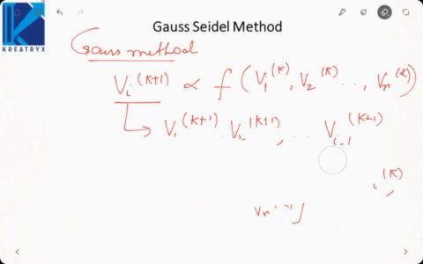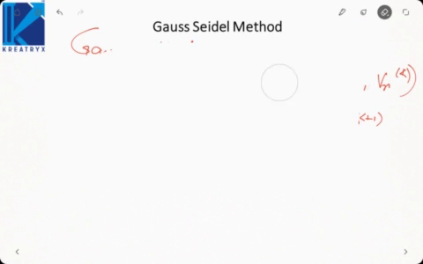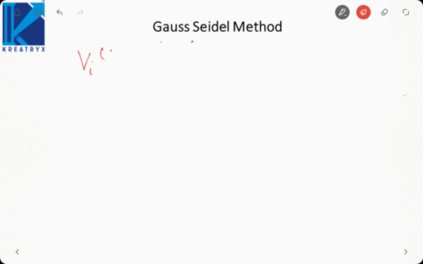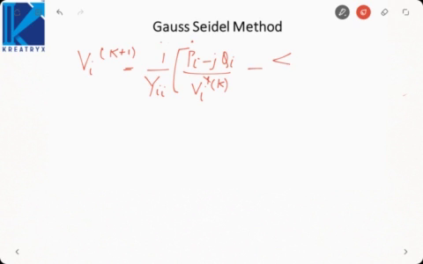So what will be the equation for voltage exactly? In the Gauss-Seidel method, Vi k plus 1 will be given as 1 by Yii, (Pi minus jQi) upon Vi k conjugate, minus summation j is equal to 1 to i minus 1 Yij Vj, minus summation j is equal to i plus 1 up to n Yij Vj.